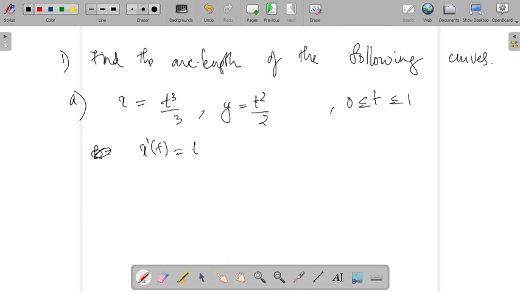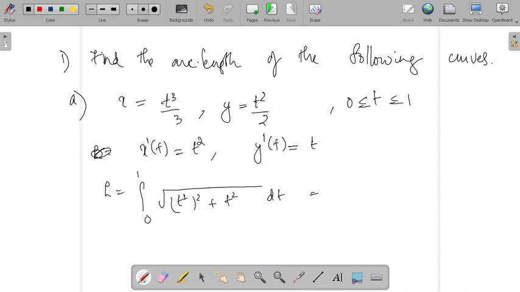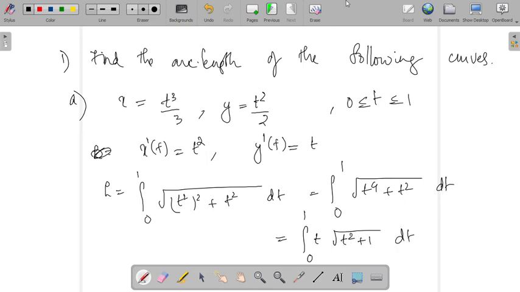So x dash of t is t square and y dash of t is t. So length will be integral 0 to 1 root of (t square) whole square plus t square dt. So that is integral 0 to 1 root of t raised to 4 plus t square dt. So that is integral 0 to 1 t into root of t square plus 1 dt.